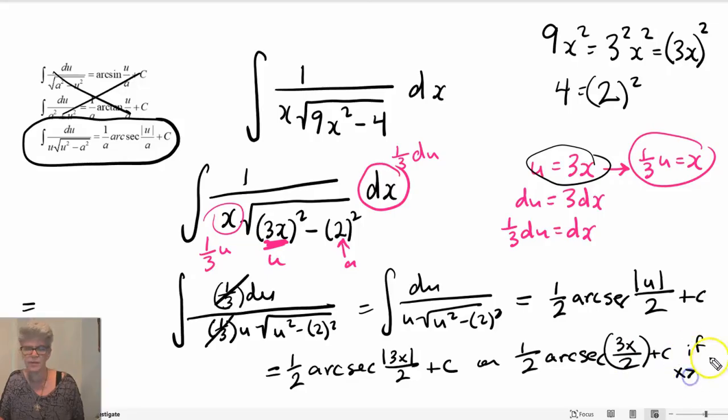So if x is strictly greater than 2/3, that's fine as an answer, or if you're used to writing inverse secant instead of arcsecant, you can have it written like that.